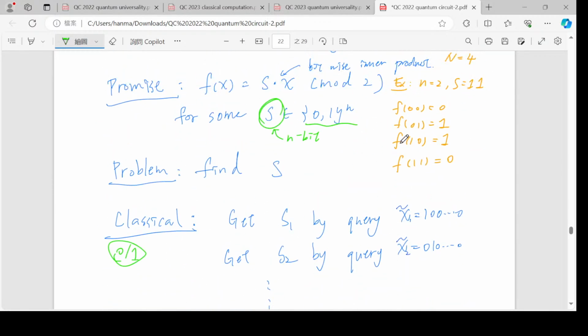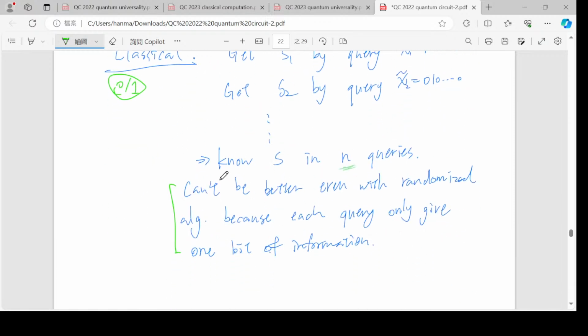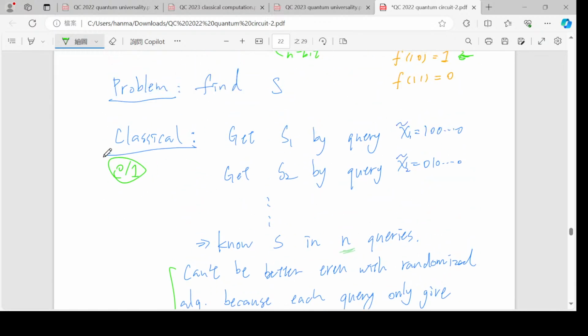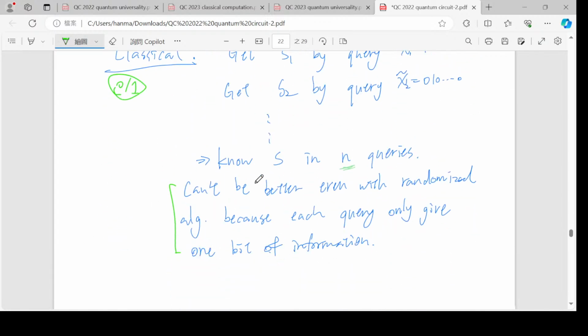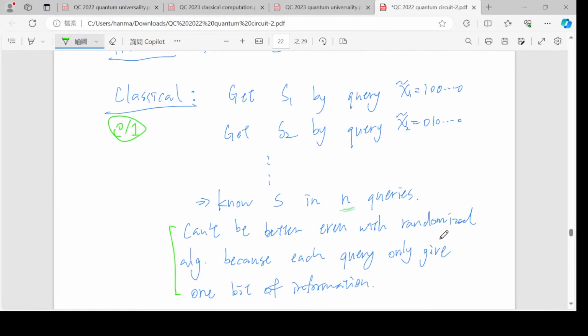In the example here, you query the 1 0 and that's the first bit of s, and you query the 0 1 that's the second bit of s. So classically the query complexity is n, although we give only a rough argument.